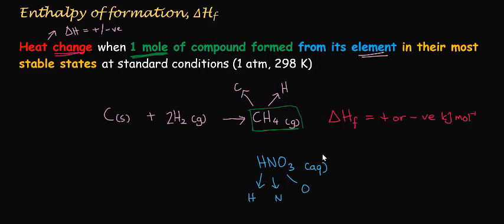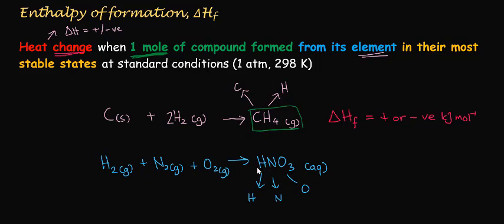So the HNO3 must come from its elements in their most stable state. Hydrogen in its most stable state is in gas form, H2 gas. For nitrogen, it is N2 gas, and for oxygen it is O2 gas. And then balance the equation.